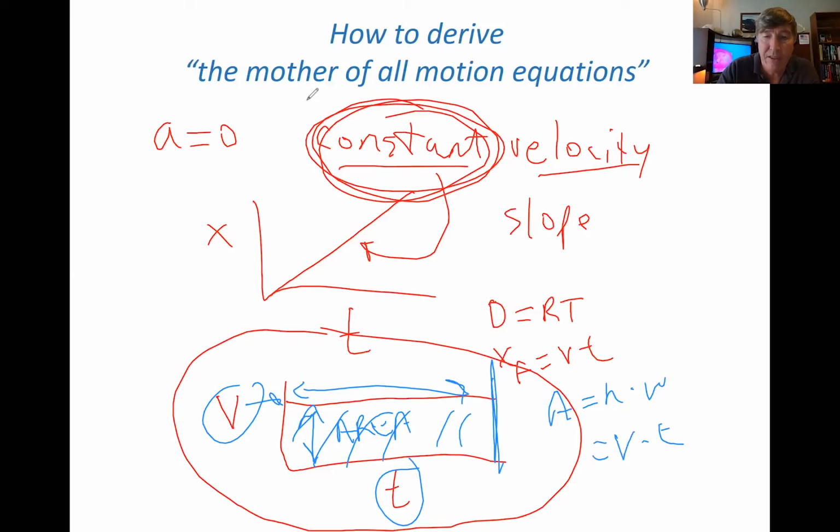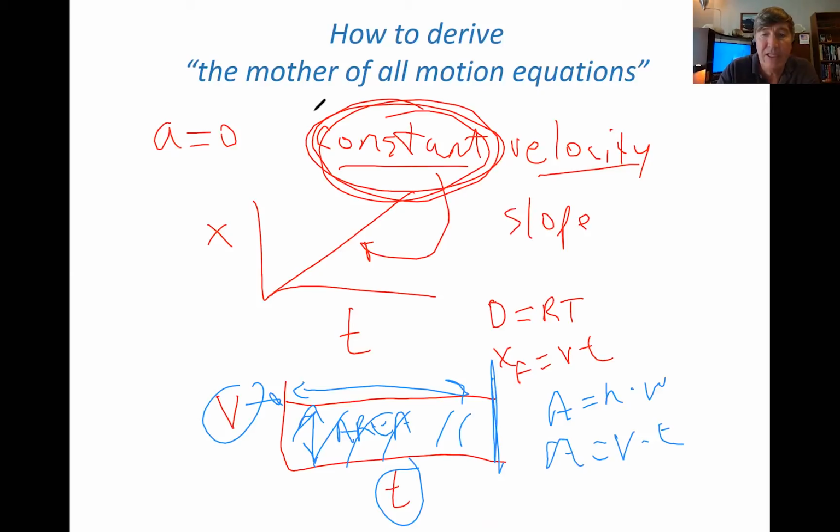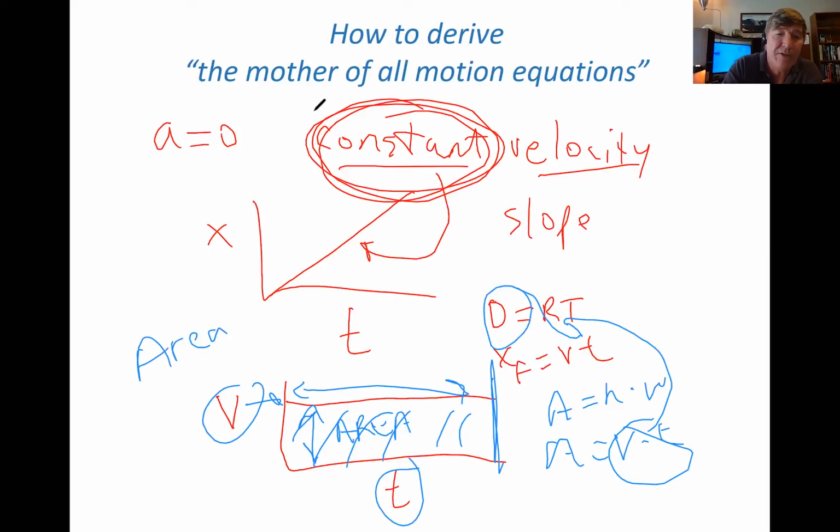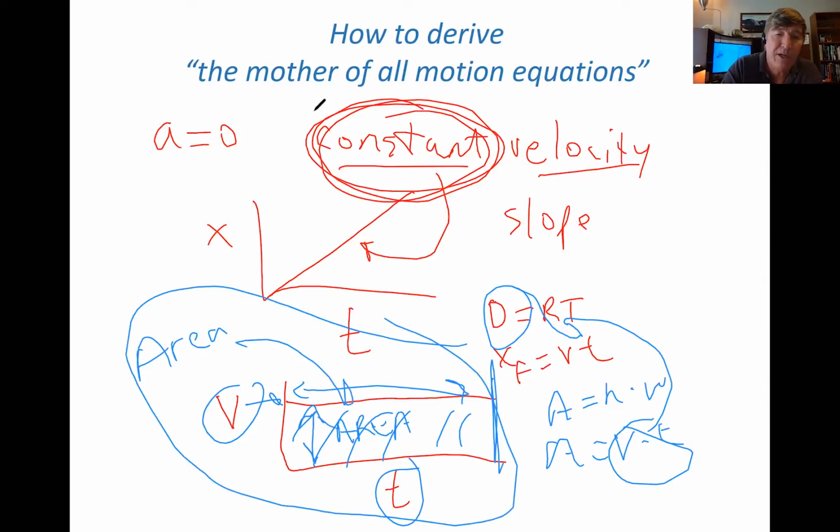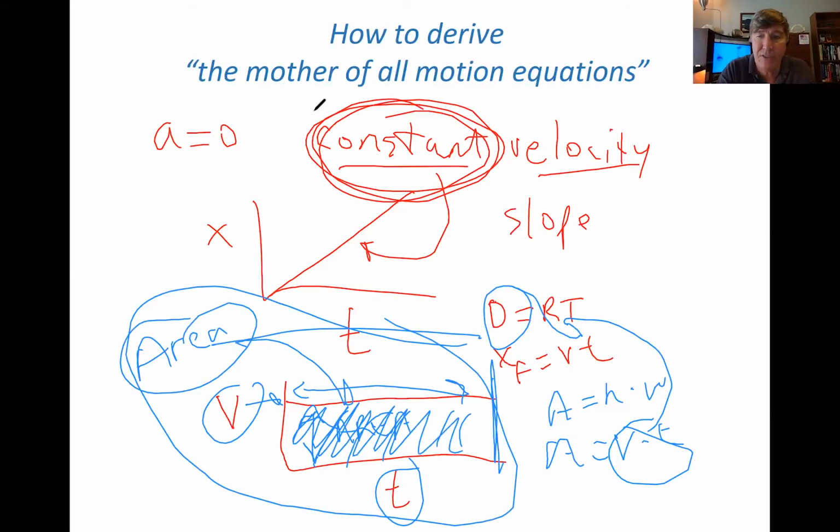Okay. So are you guys agreed then that the area is equal to velocity times time, but if velocity times time is distance, what that means is that the area underneath my graph here of velocity versus time, whatever area is down here, that area equals my distance.